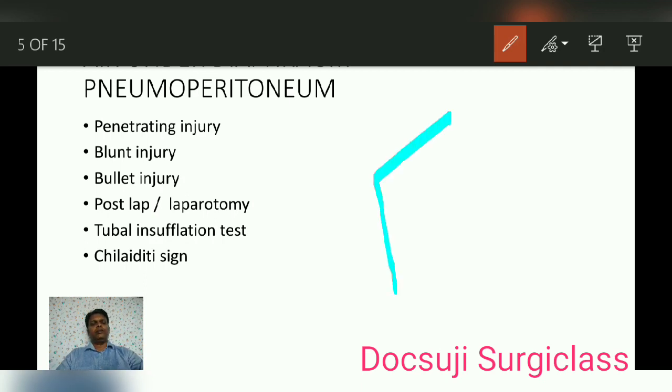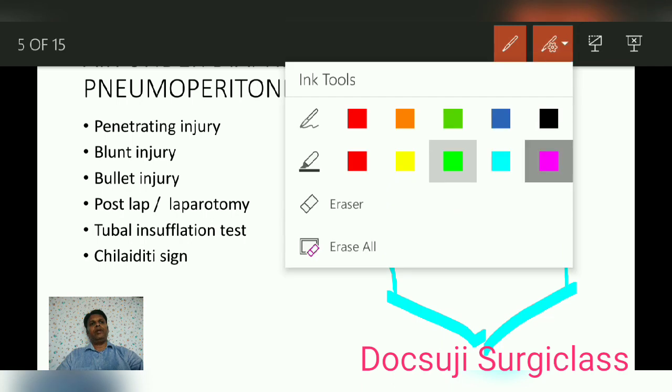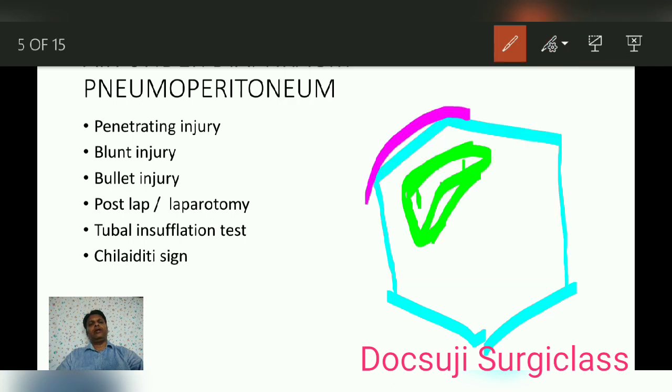So what happens in the case of the abdomen? This is the abdomen, and you have the liver. Normally, between the diaphragm and the liver, you don't get any air packets.